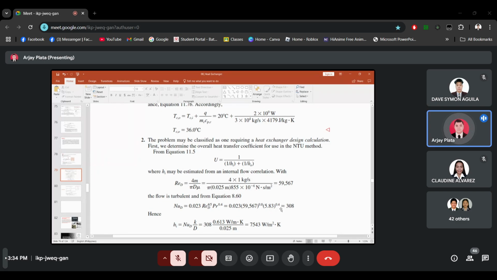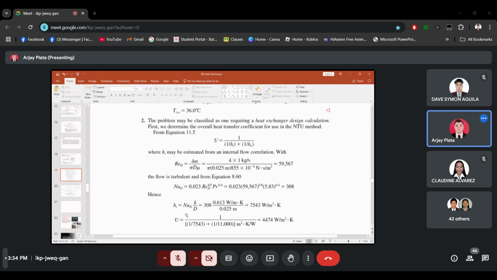So that's our convection heat transfer coefficient, 7543 watt per square meter Kelvin. Now that we have Hi, we also have Ho. So we can now solve for the value of U, which is 1 over 1 over Hi, which is 7543, plus 1 over Ho, which is 11,000.